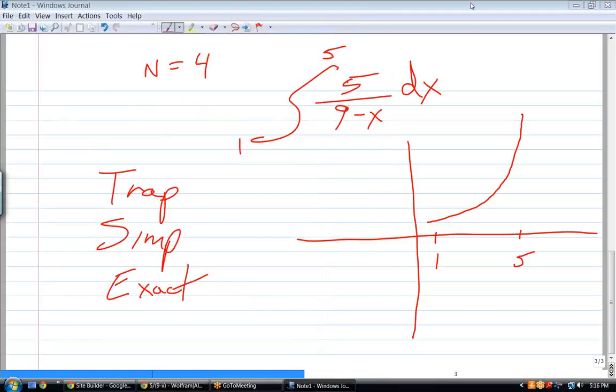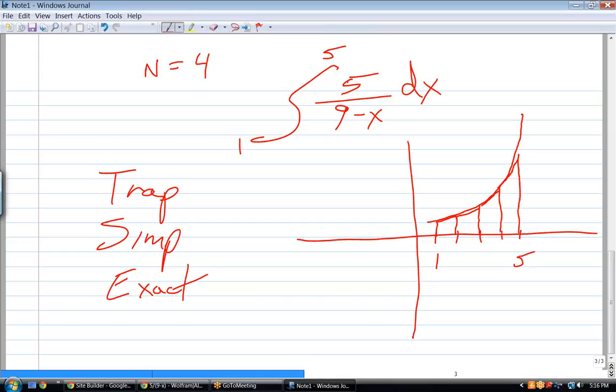So to use the trapezoidal method, where n is 4, means I'm going to use 4 trapezoids. One of them is going to look like this. The rest are going to look like this. Okay.